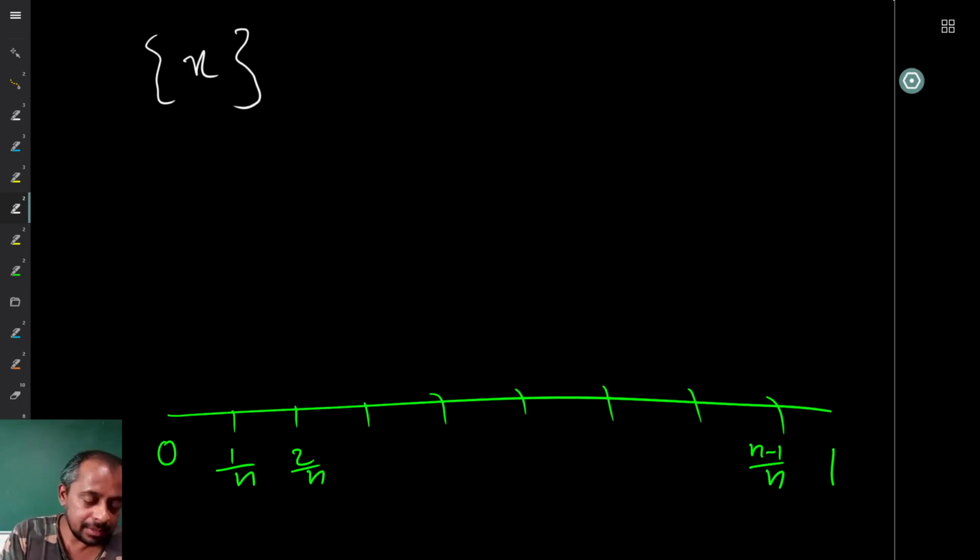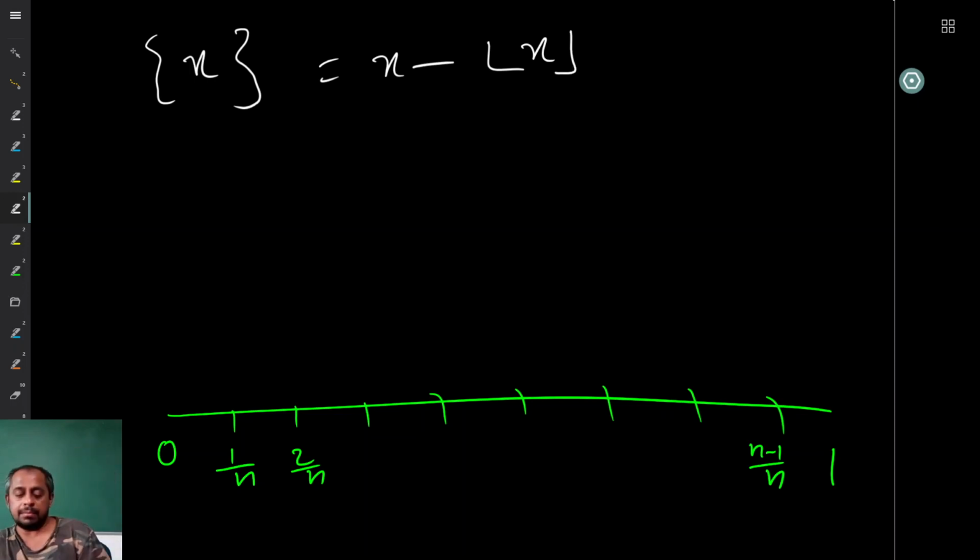So this says that I remove the integer part, so this is equal to x minus the integer part of x. So I take the fractional part. Now what we know about the fractional part is that it is going to be between 0 and 1. Right? We are talking about positive numbers for the time being, otherwise we can just change the sign. It's not a big deal.